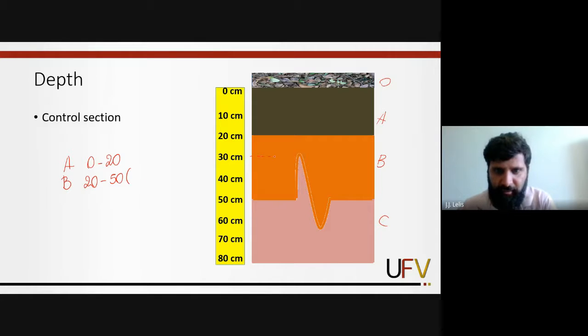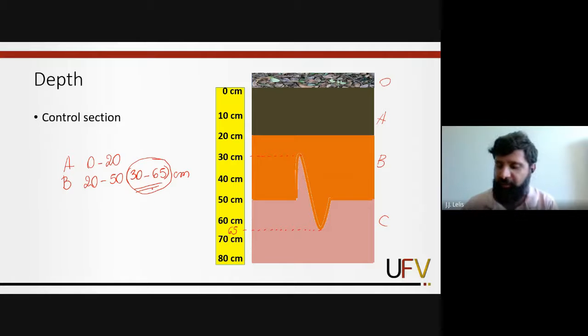30 here and here. It's just 65. So 13, 65 centimeters. Every time that we have a wavy, irregular, or broken boundary, we have to insert this kind of information.